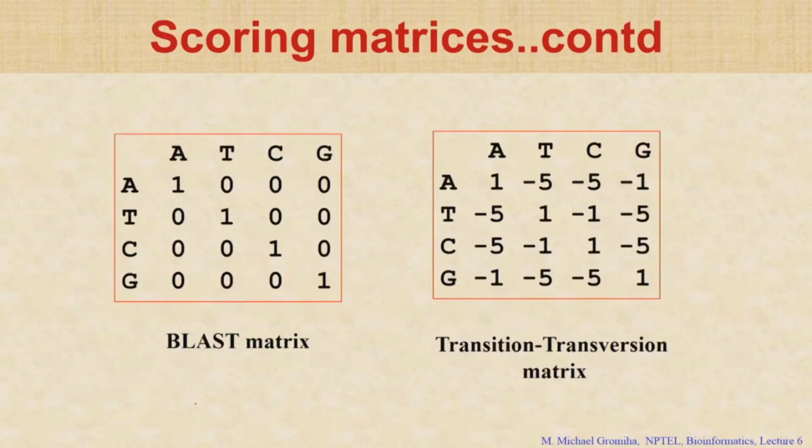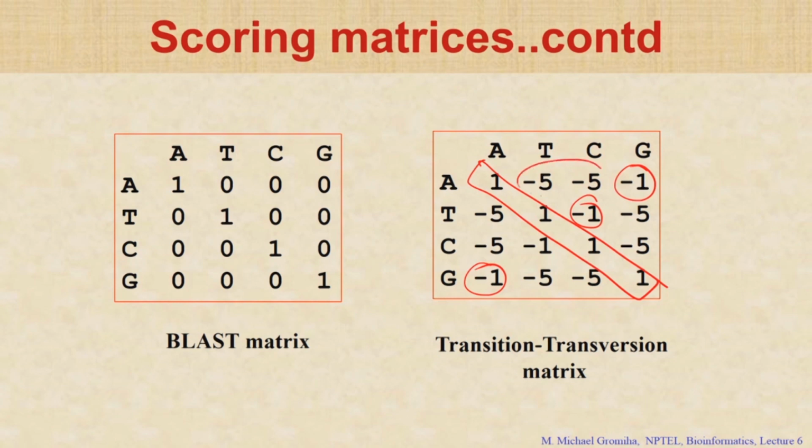Okay, now these are matrices. Here these are the 4 nucleotides, ATCG. Earlier we used 1 1 1 1. Now we change it: if it is a match we put 1. If it is purine to purine or pyrimidine to pyrimidine we give minus 1. If it is the other way around, purine to pyrimidine or pyrimidine to purine, we give minus 5.